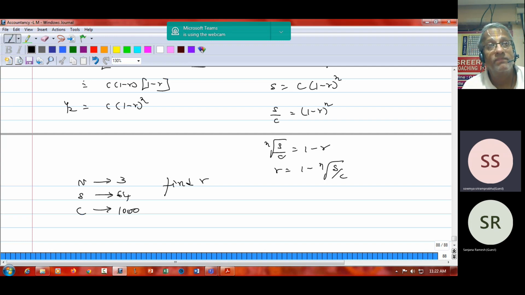Is it WDV or R? R is 0.6, 60%. So R is equal to 1 minus cube root of 64 by 1000.